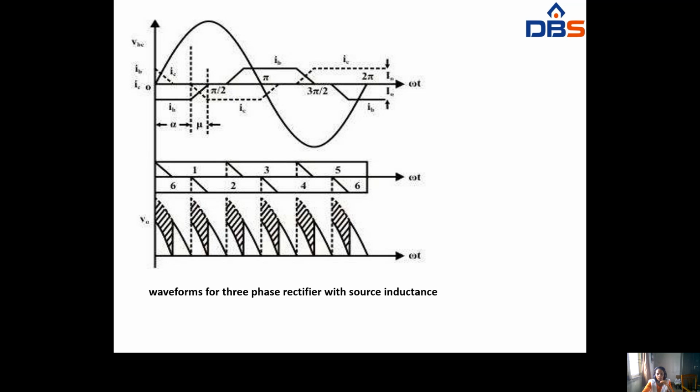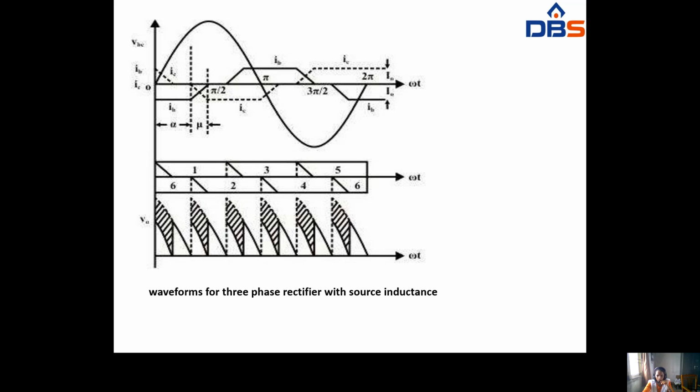After that, with some angle, it will start and conduct up to 3 pi by 2. So these are the overlap angles. At the start T6 will be conducting, after that T1, and after that T2, T3, T4, T5, T6. These are the conduction modes of operation, and the output voltage V0 will be like this.